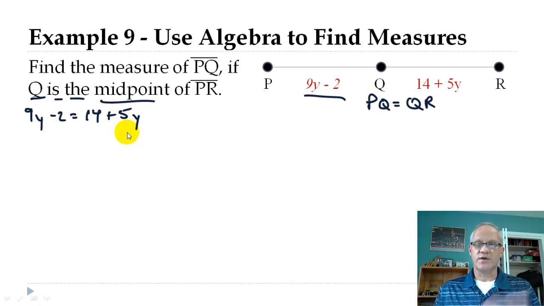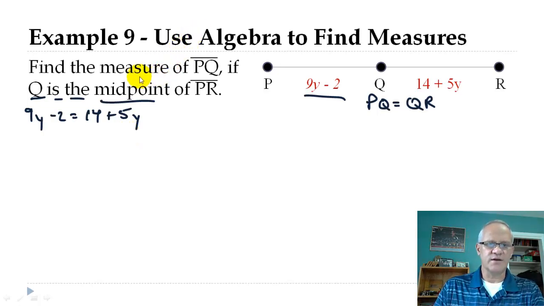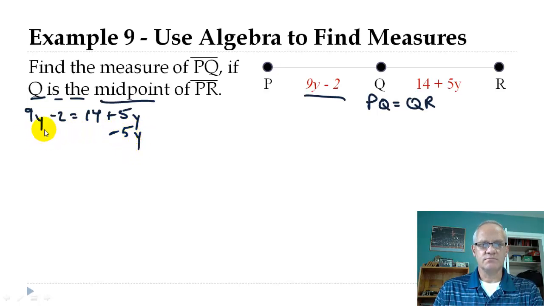Now we're going to solve it, okay? Algebra. We're going back to algebra now. Remember, first thing I usually like to do is get the y's together. So I'm going to do minus 5y to get these to cross out. If I do minus 5y on that side, I have to do minus 5y on this side.